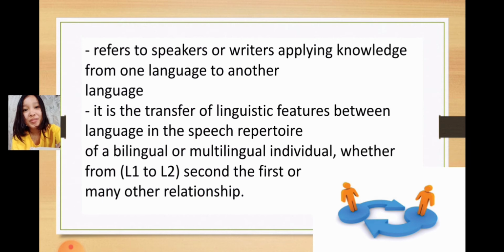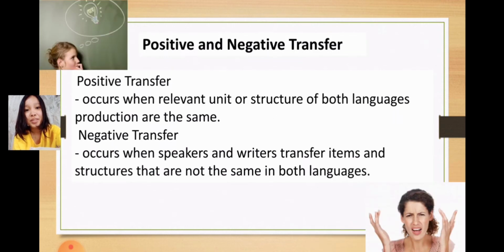So language transfer has two types, positive and negative. Positive transfer occurs when the learners transfer features from L1 that are very similar to L2 while performing the L2. For example, the second language learner of English transfers "Ganahan ko nimo" to "I like you."